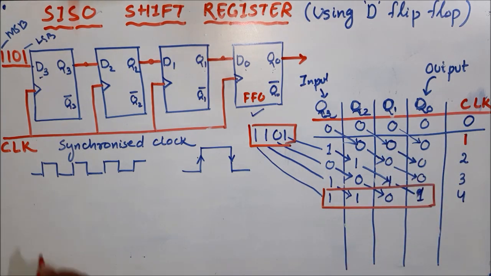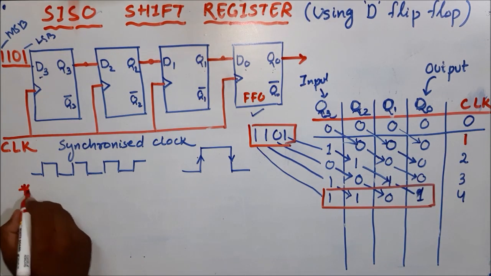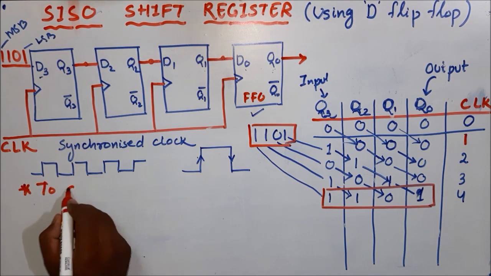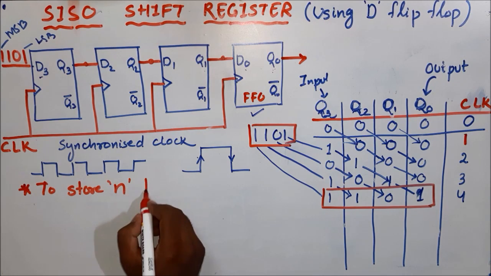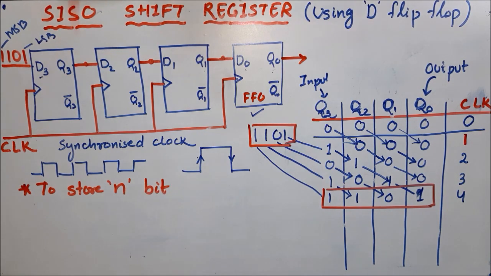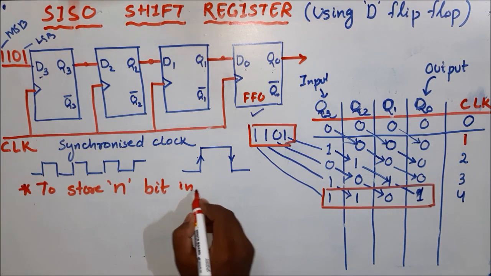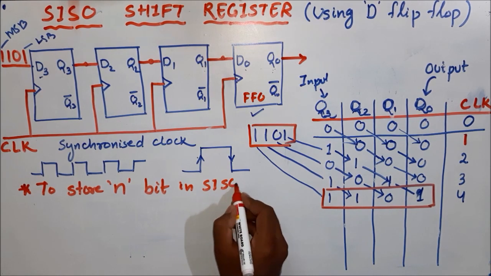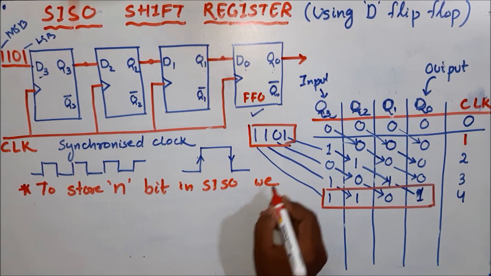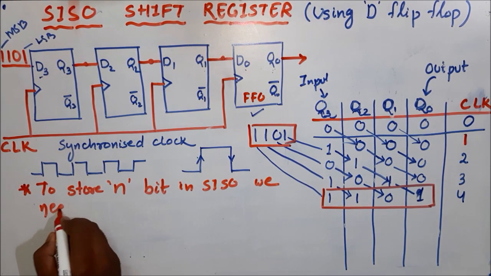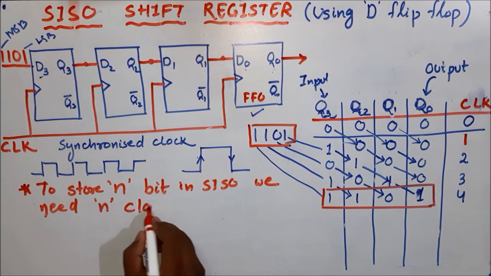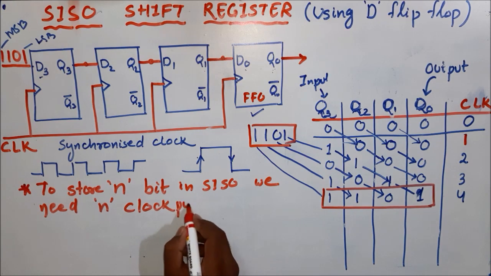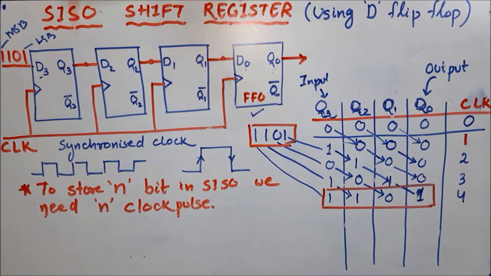So I can say, very important note, to store n bits in SISO, we need n clock pulses. Clear?